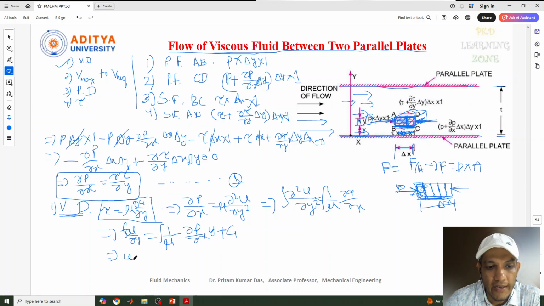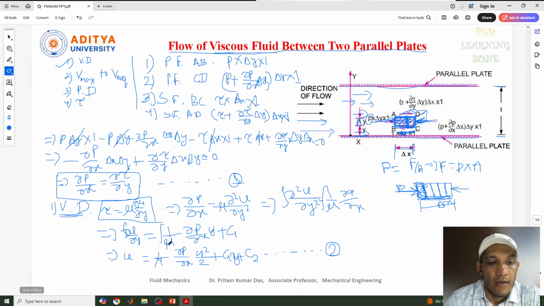So integration of this again will get u, and this is already 1 by mu, we can take it out, 1 by mu, and del p by del x, y is there, so integration of y again we'll get here del p by del x can be taken out as a constant, and y integration will get y square by 2, so y square by 2 plus this c1 integration that we can write c1 y plus again one integration c2. So these are the constants of integration.